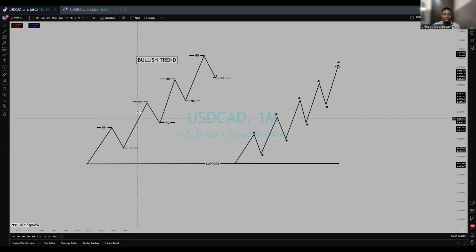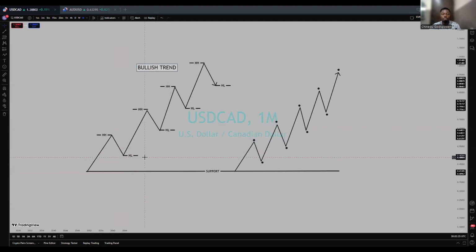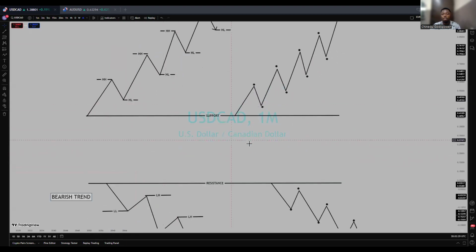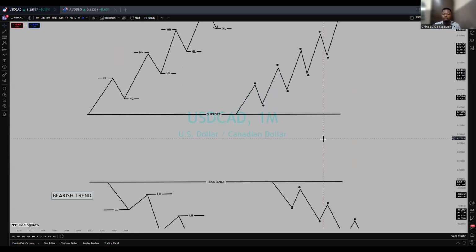Based on historical data, whenever price creates a higher high and a higher low, what you expect next is a higher high, except if there's a change of character. If there is no change of character, then market should break structure in the expected or anticipated trend. So that's it.